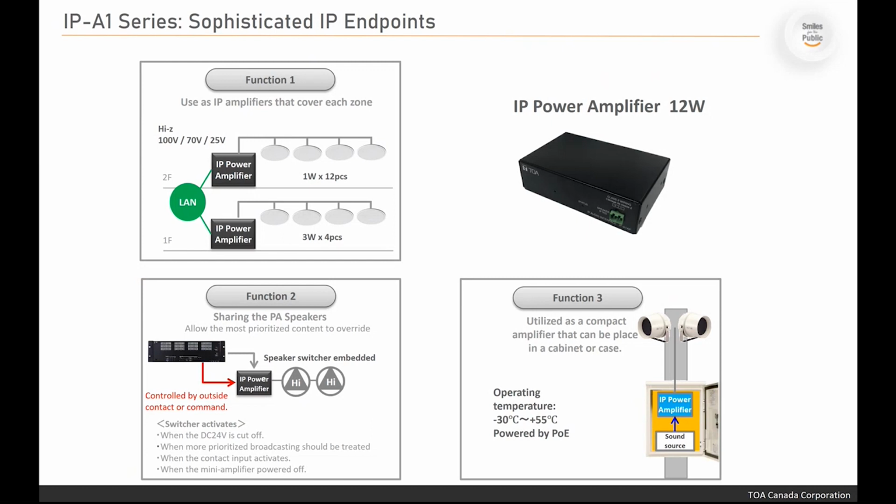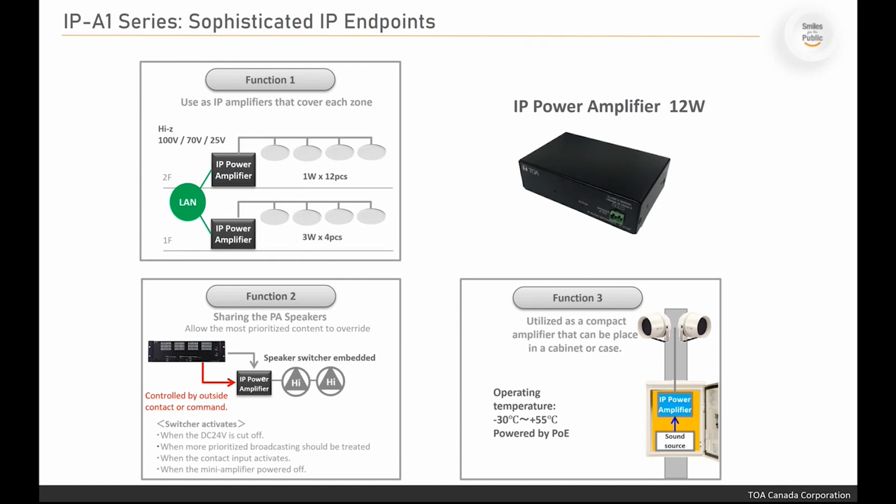The internal embedded switcher will activate in the condition where, one, if the DC 24 volt is cut off, that way it switches back to the high Z amplifier, or if there is higher priority broadcasting that should be treated, or when the contact input that is connected to this device is activated, then the switcher will switch back.